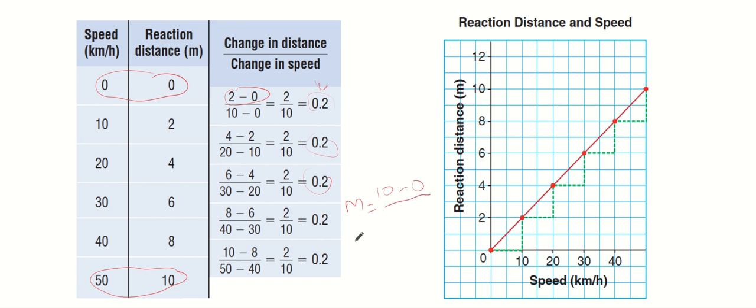And over here is 50 minus 0, and that will essentially be 10 over 50, and that will eventually equal 0.2. So all you need is 2 points, and you can find the rate of change with just 2 points. And it doesn't matter which 2 points you use. So if I use this point and the first point, you will still get 0.2.